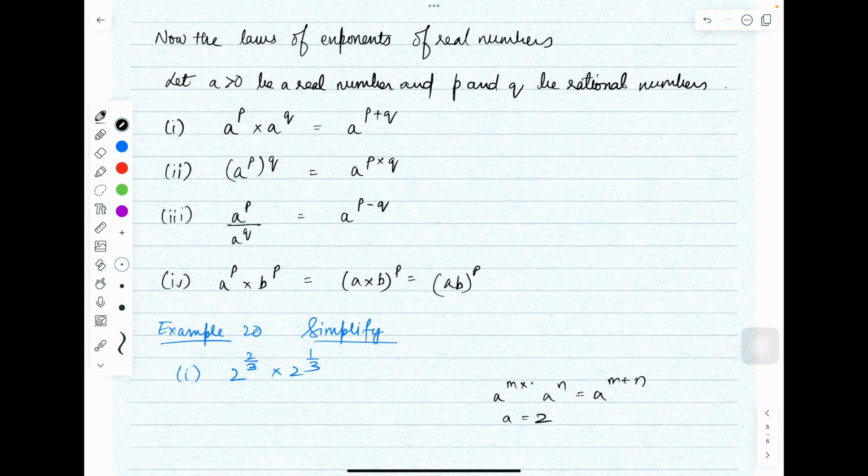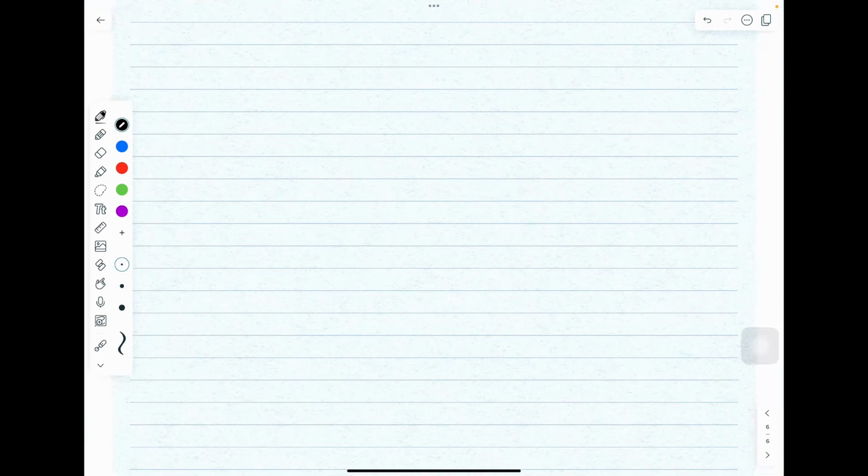Instead of a it is written 2, instead of m it is written 2 by 3, instead of n it is written 1 by 3. So you do 2 to the power 2 by 3 plus 1 by 3. This is 3 by 3, it gets cancelled. This is 2 to the power 1, so the answer is 2. Understood?